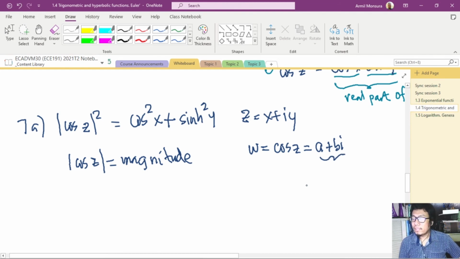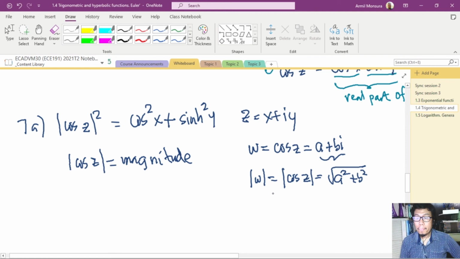Now, if we attempt to find the magnitude of w, which is basically the magnitude of cosine of z, that should require us to compute the square root of a square plus b square, because that's the magnitude of w.